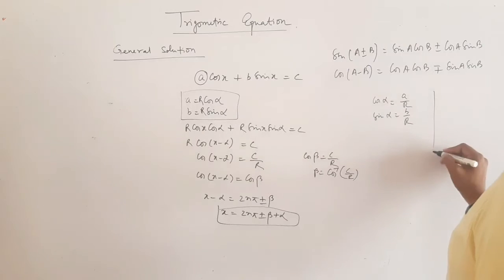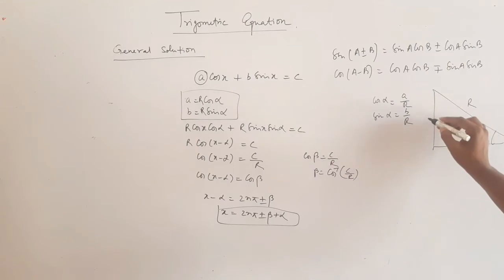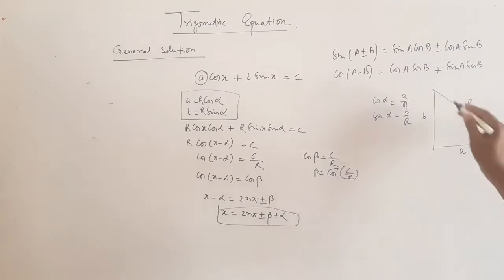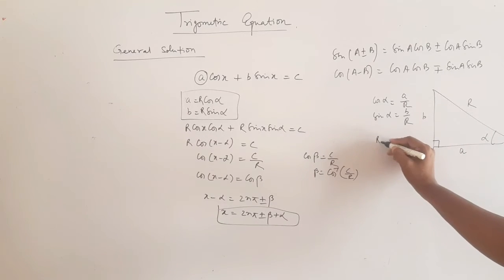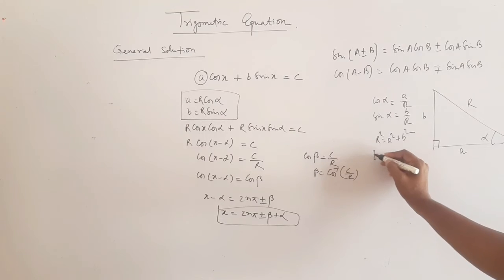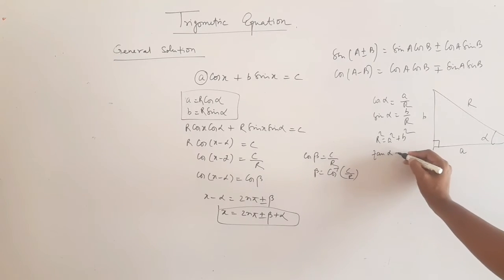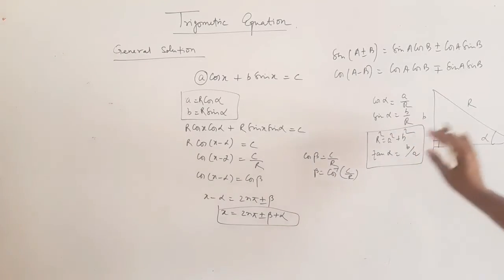If you assume one hypothetical condition that you have a right angle triangle where the acute angle is alpha, so this is your a and this is hypotenuse r and this is your b. So you can find the relations, like what's the relation using Pythagorean triplets. You can find r square as a square plus b square, and then if you find tan alpha, that is the ratio of b over a. This way these two quantities are interrelated.